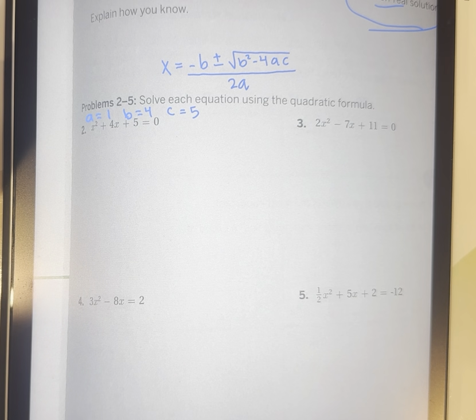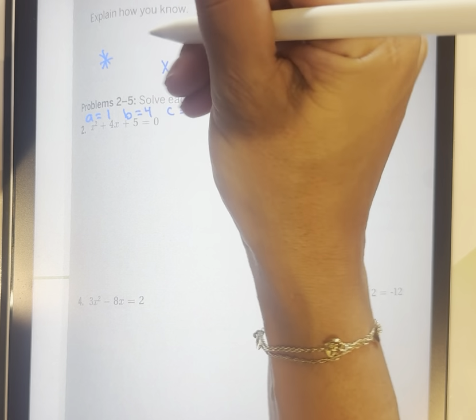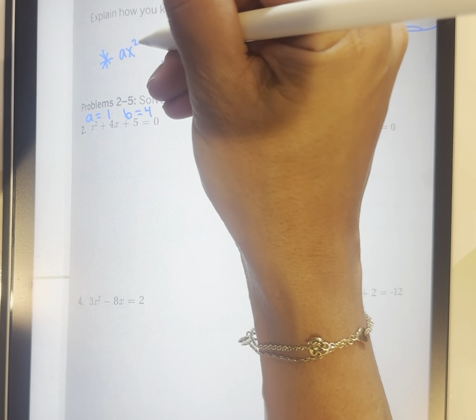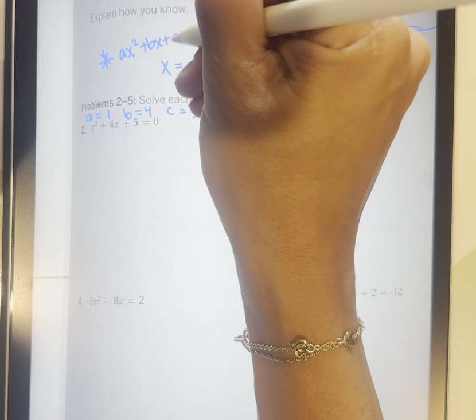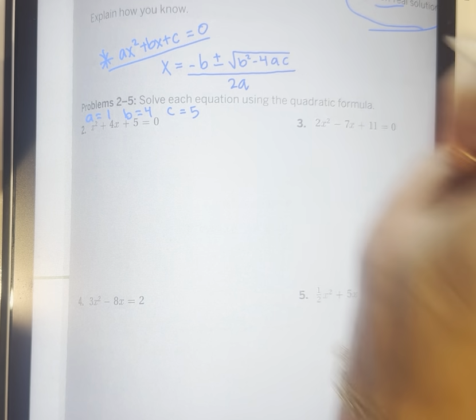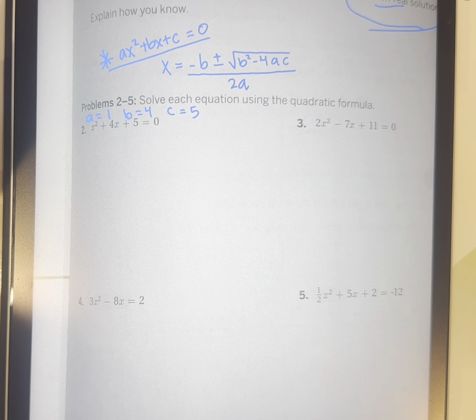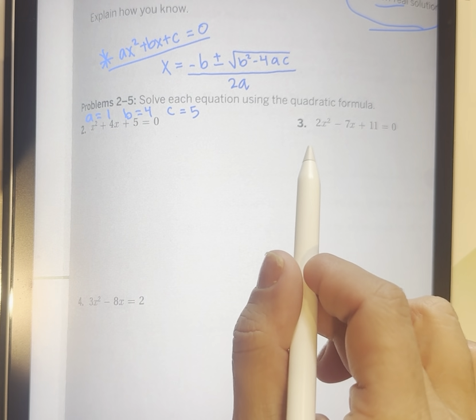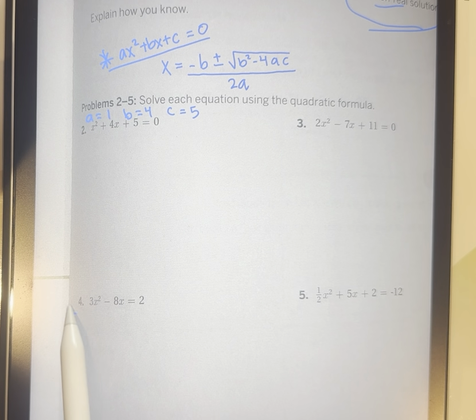I guess the pre-step, remember my pre-step, is that you must have ax squared plus bx plus c equals 0. You must have that, okay? So looking at this, it's okay for number 2 and 3. It's already like that. But we got to watch out for 4 and 5.